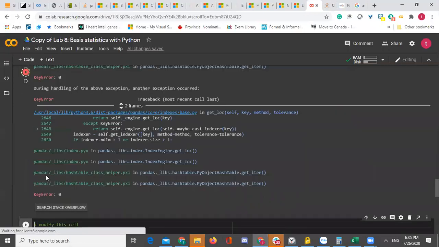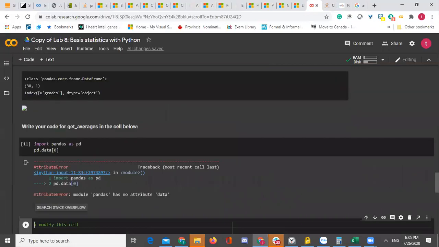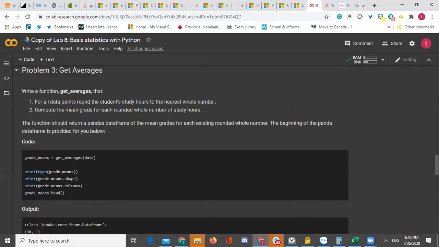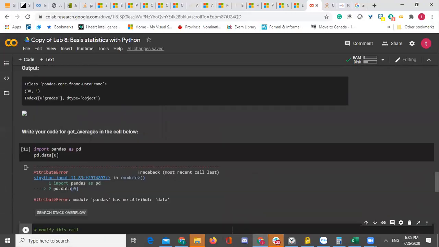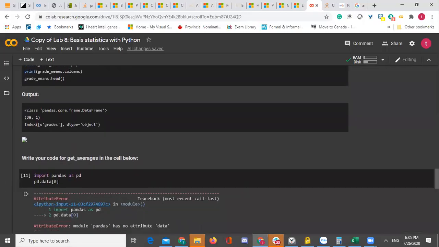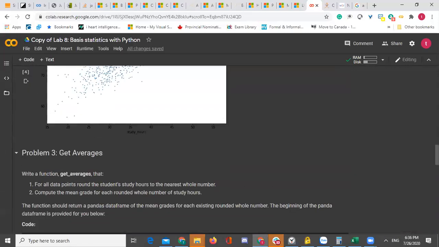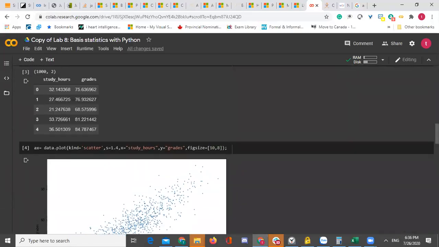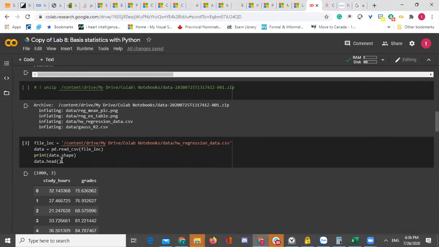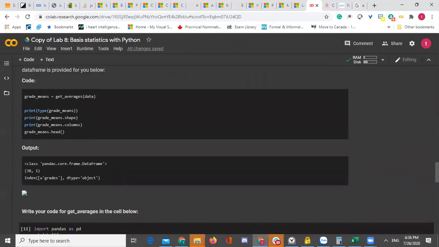Okay, should work. Instead of the data frame, I need to get the first column. I already defined my data. You want to get the first column. In Python, the first column is numbered 0.